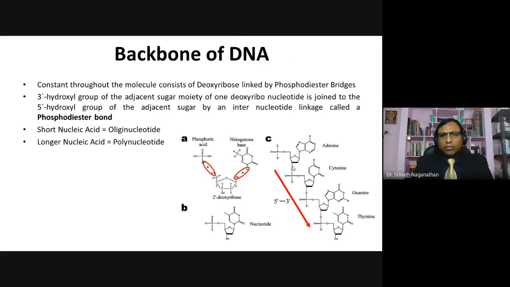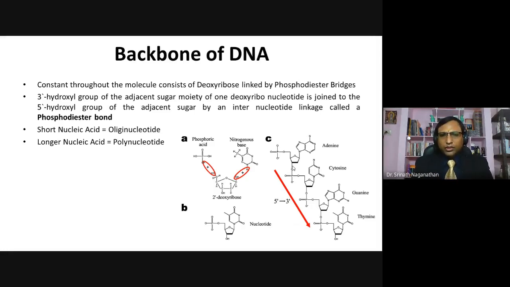So let's see the backbone of DNA. It is present constant throughout the molecule, consisting of deoxyribonucleic acids. The deoxyribose sugar makes up the backbone, and the units are linked by the phosphodiester bridge.